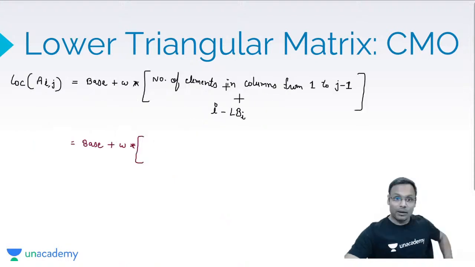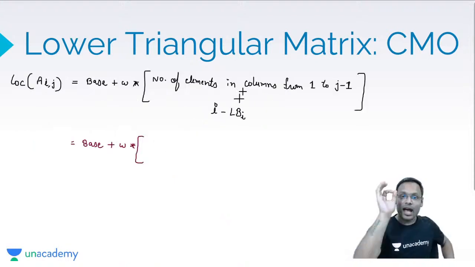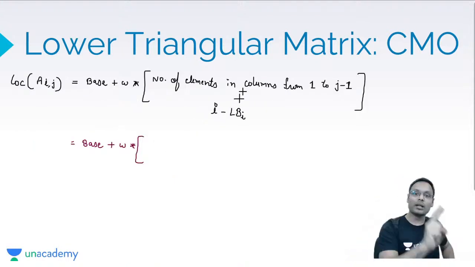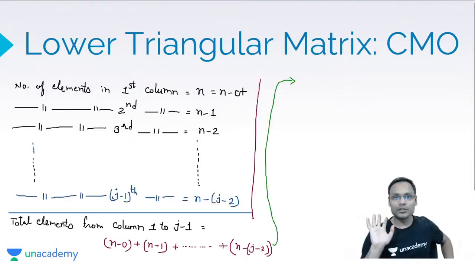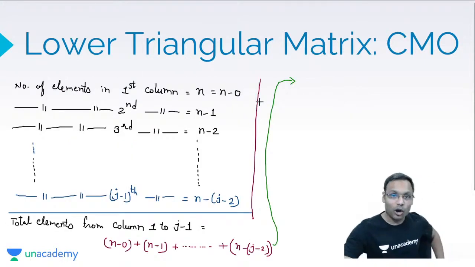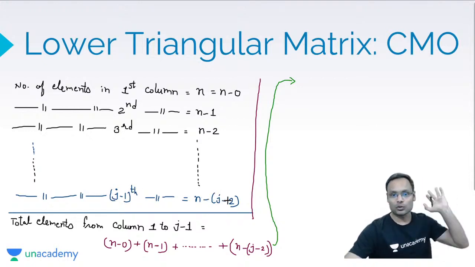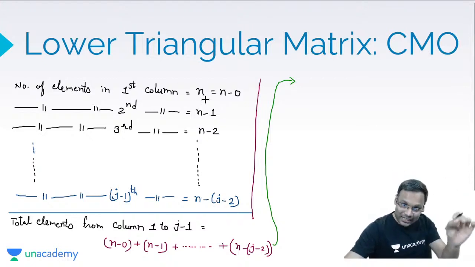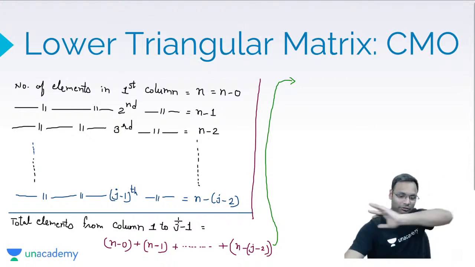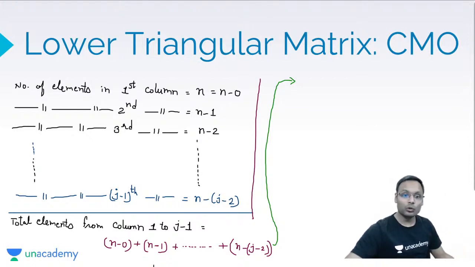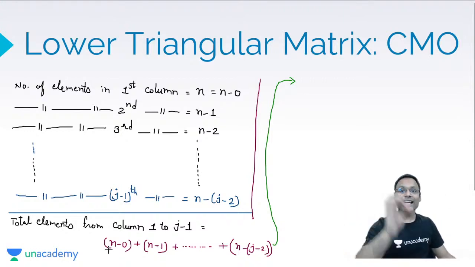See, look at this. My actual requirement is I need the elements from column number 1 to j minus 1. In column number 1 we have n minus 0 elements, column number 2 n minus 1, column number 3 n minus 2, up to column j minus 1 we have n minus j minus 2 elements. I want all these elements. Yes, take the summation. What we do in that summation, just add n.